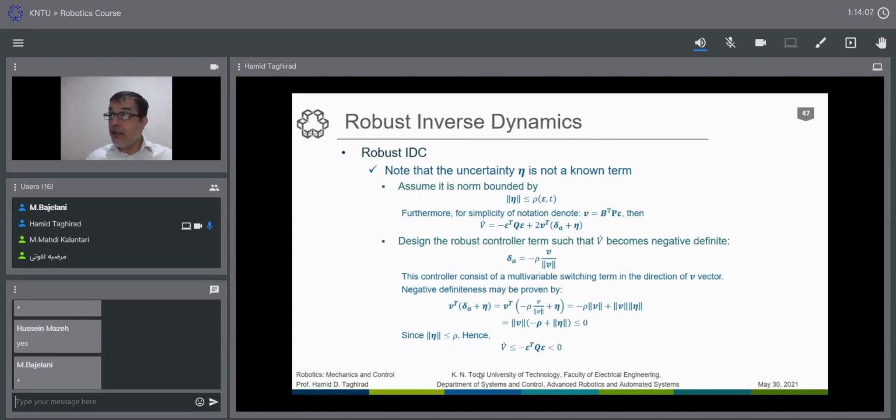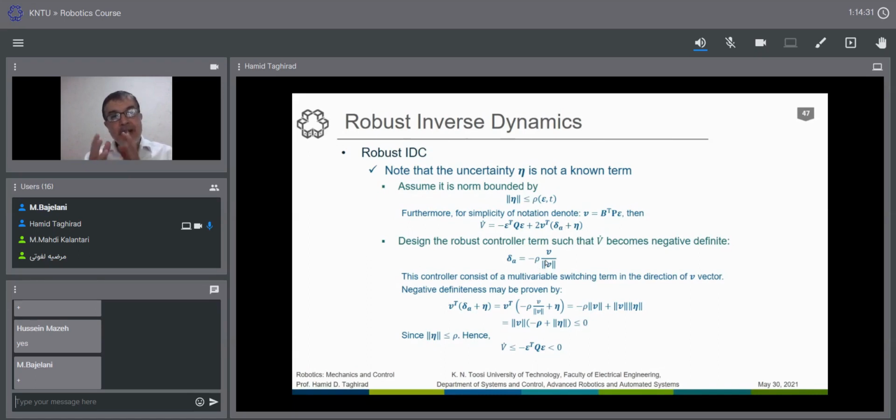You say, what is the value of the uncertainty, the bound of uncertainty? We call it rho. So put a minus rho just by sign, plus or minus, plus or minus. This is for a scalar case. If it is not scalar, if it is a vector, this won't be a simple sign.